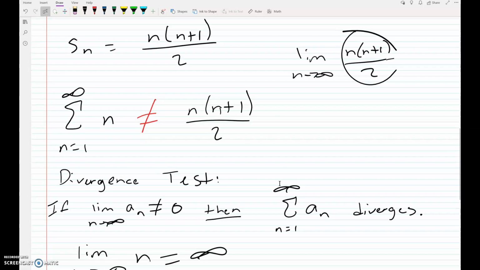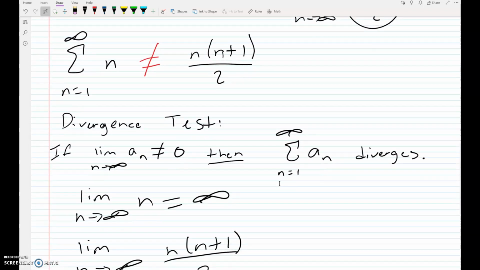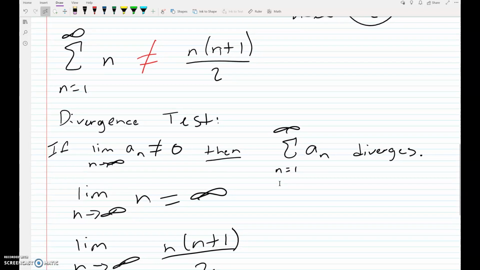We can't just use this test because the divergence test says if the limit of a sub n as n approaches infinity does not equal 0, then the sum from n starting at 1 to infinity of a sub n diverges, right?